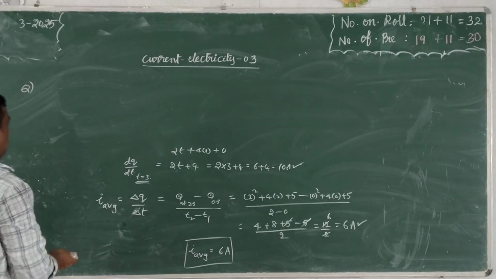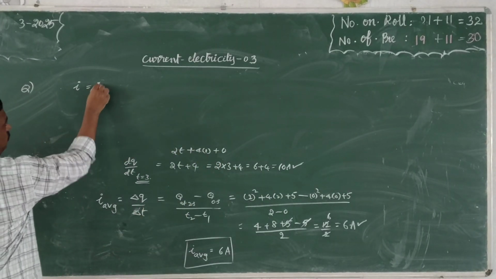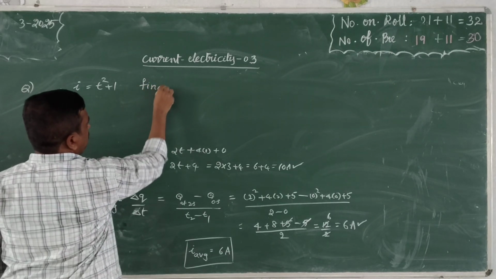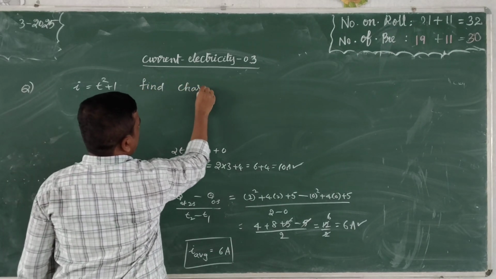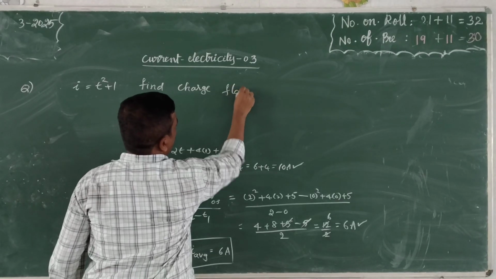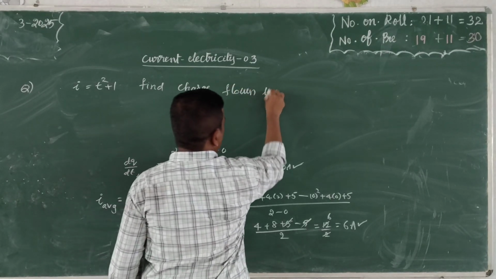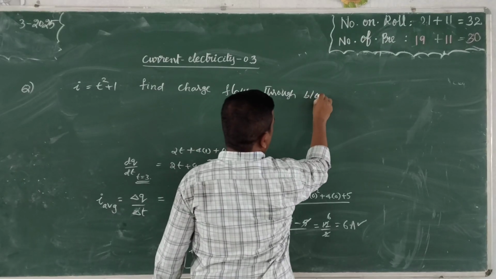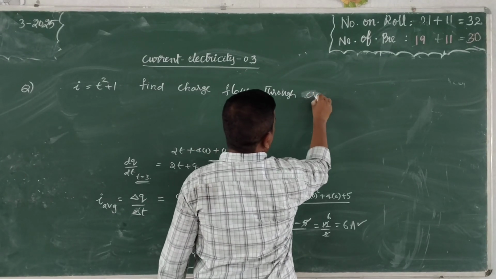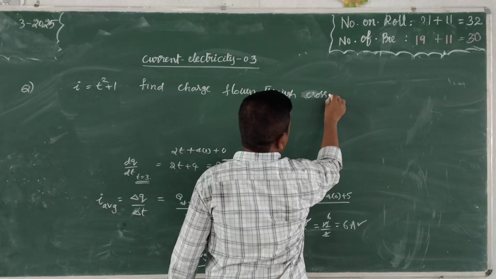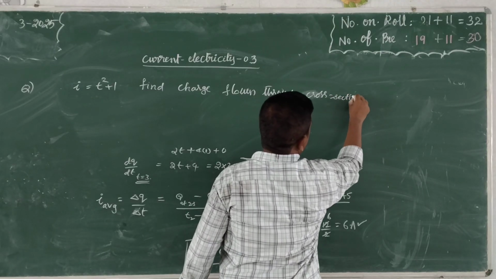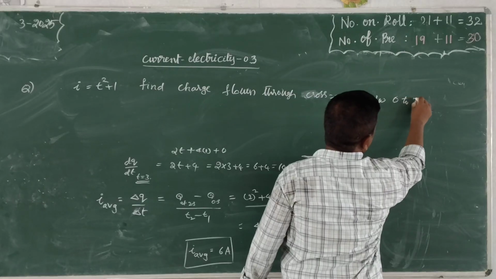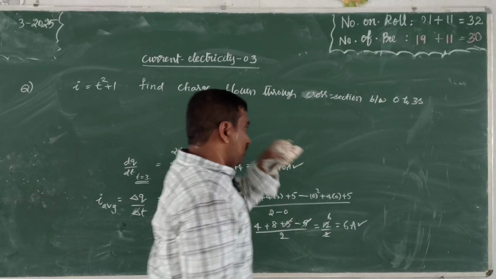Second problem: I equal to t square plus 1. Find the charge flown through the cross section between 0 to 3 seconds.